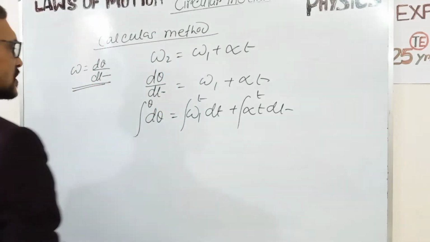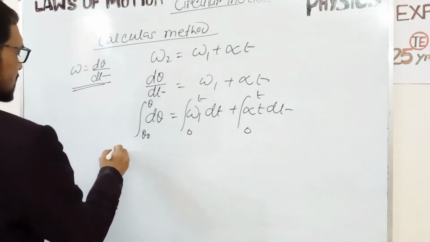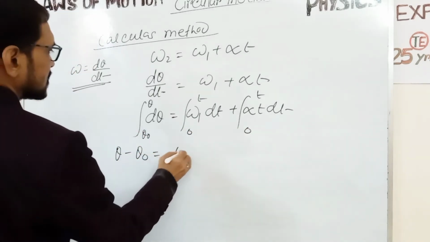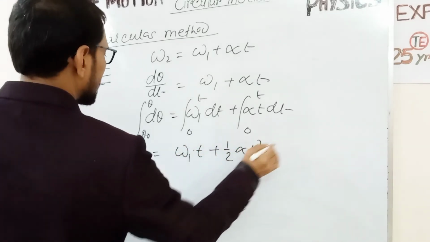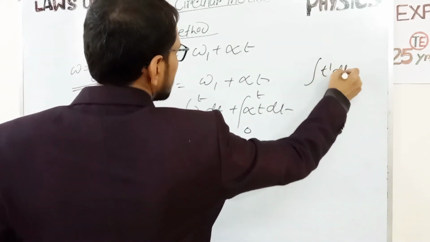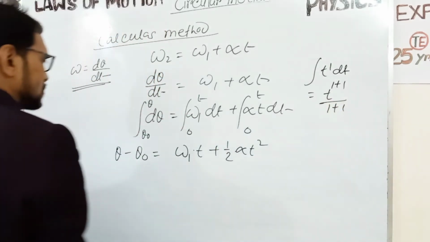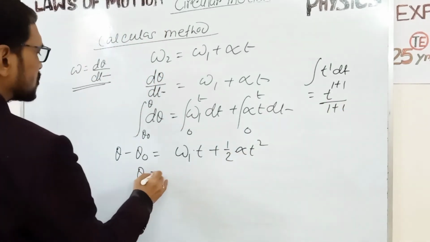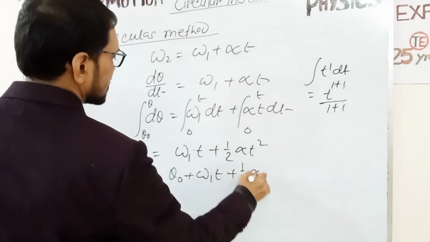Now if we put theta 0 here, we get theta minus theta 0 equals omega 1 t plus half alpha t square. Because the integration of t dt is t to the power 1 plus 1 by 1 plus 1, so this is t square by 2. So theta equals theta 0 plus this.